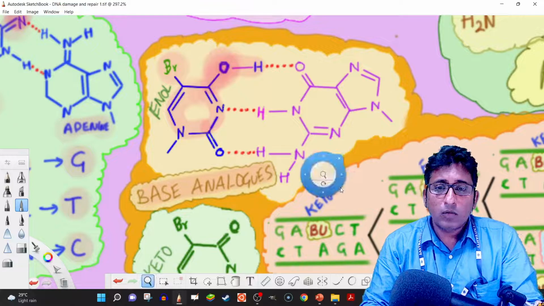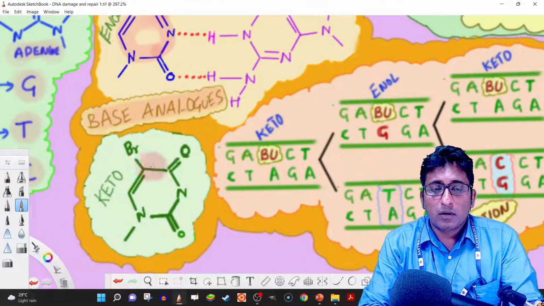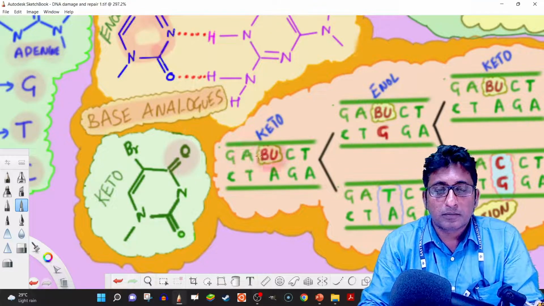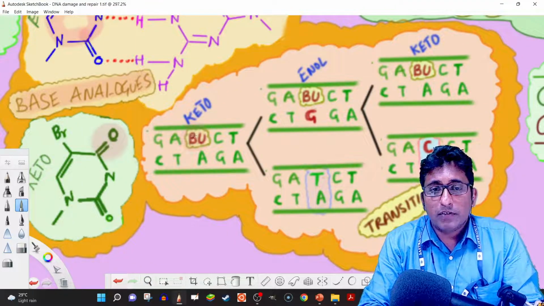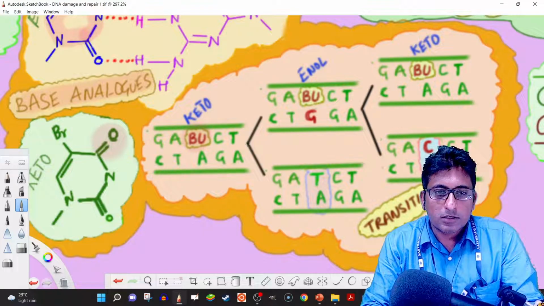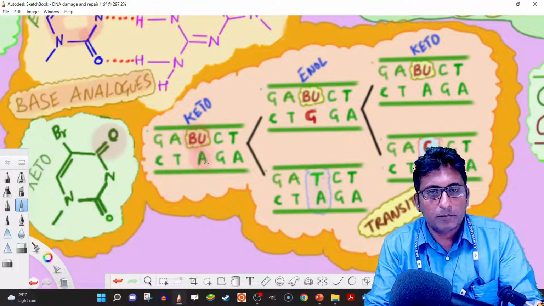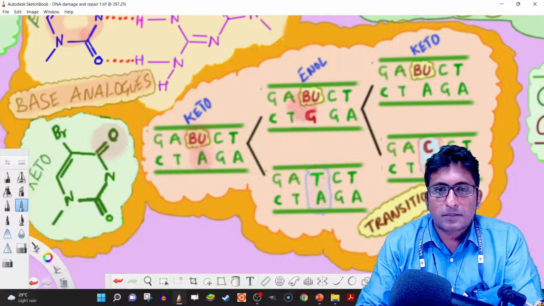Let's see how it could change things. This would have been the normal keto form of the 5-bromouridine. So we have a sequence with bromouridine incorporated in the keto state. The keto form still base pairs with adenine, and that's normal, at least in the way it base pairs.